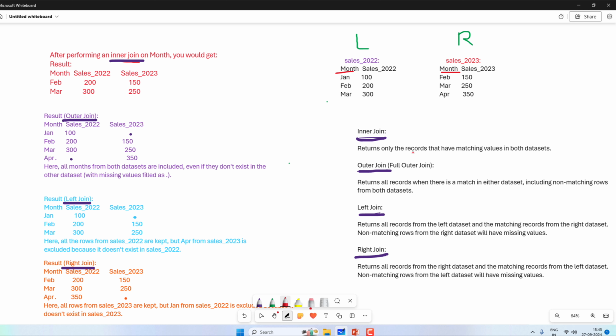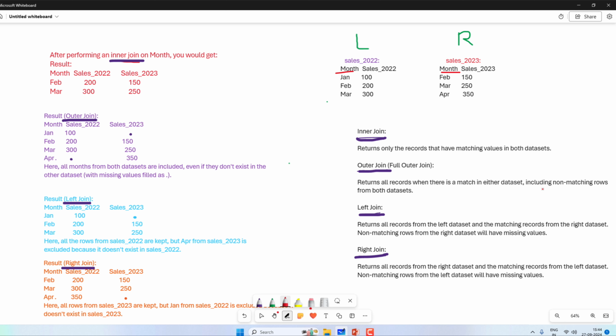Inner join returns only the records that have matching values in both data sets. That is, in these two data sets, what are the common observations based on the month variable? Only those will be taken by the inner join method. If you see here, Jan, Feb and March are present in 2022, and in the 2023 data set we have Feb, March and April.